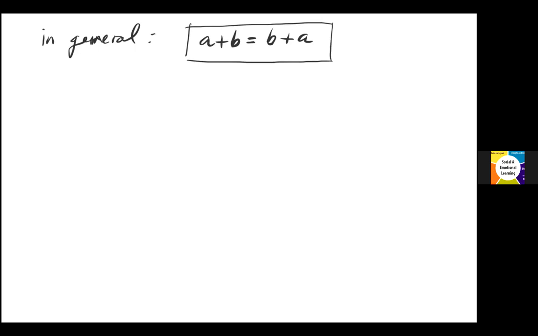So it doesn't matter what A is or B is. This works for any numbers that we could possibly work with in math. So that's why they write A plus B is B plus A. We're using variables that can be any number. You'd say where A and B are any number.